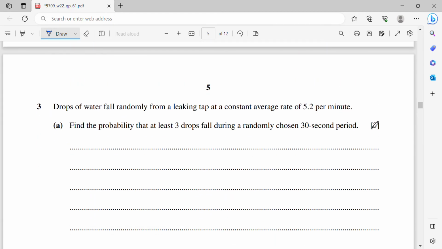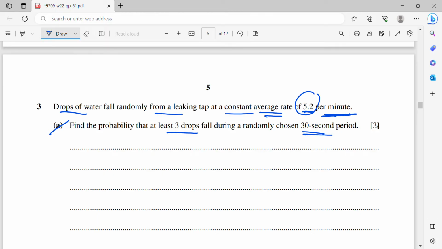Alright, question 3. Drops of water fall from a leaking tap at a constant average rate of 5.2 per minute. This is the keyword. Per minute means that this is the interval. Whenever you are given the interval, this is Poisson distributed. Now A, find the probability that at least 3 drops fall during a randomly chosen 30-second period.